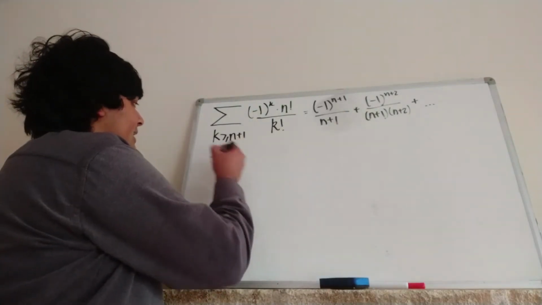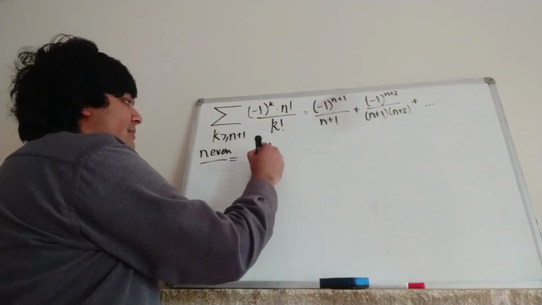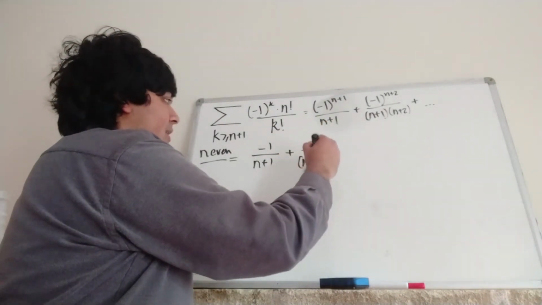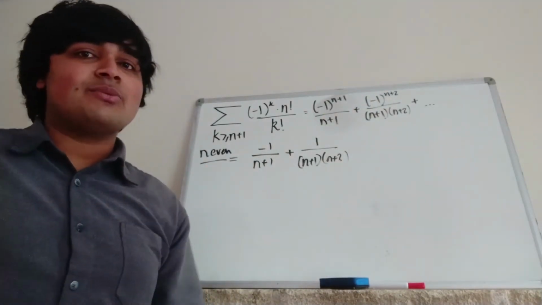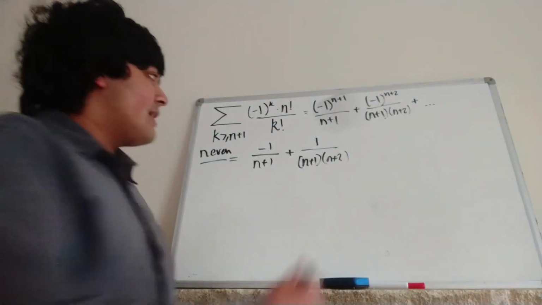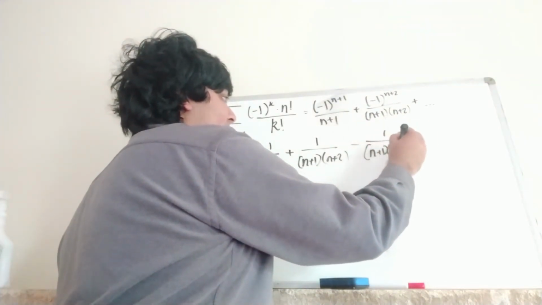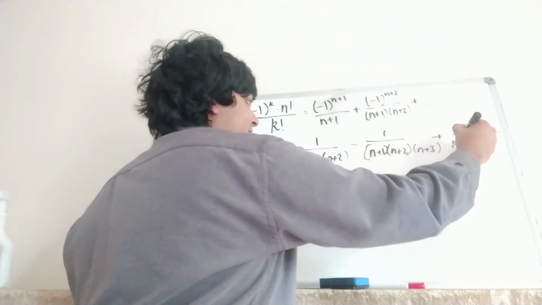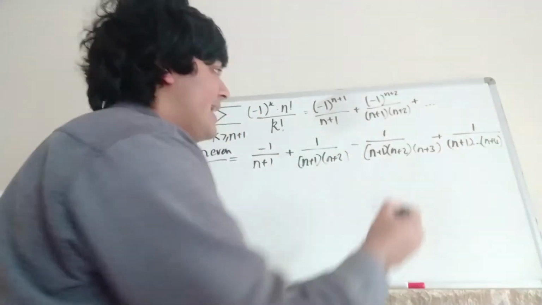So if n is even, this is equal to -1 over n plus 1, then plus 1 over n plus 1, n plus 2, because of course, if n is even, then n plus 2 is even, and -1 to the even is 1. Okay, and the next term will be -1 over n plus 1, n plus 2, n plus 3, and the fourth term, n plus 1 all the way up to n plus 4, and this continues.